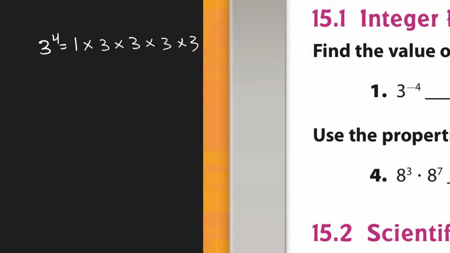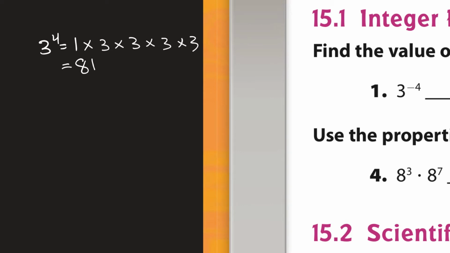So that 4 is telling you there are 4 threes. And why is that 1 times? Because you can. It doesn't change anything. I know that 3 times 3 is 9, 9 times 3 is 27, and 27 times 3 is 81. So this whole thing is equal to 81.